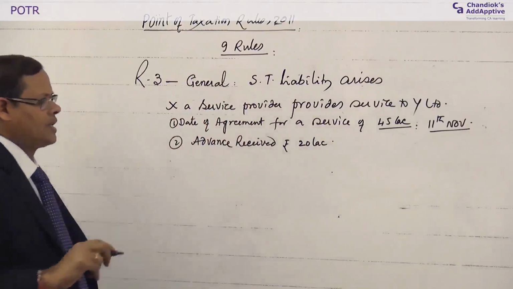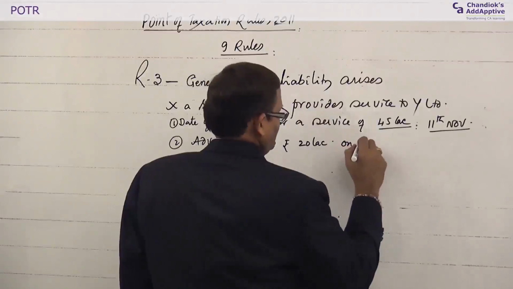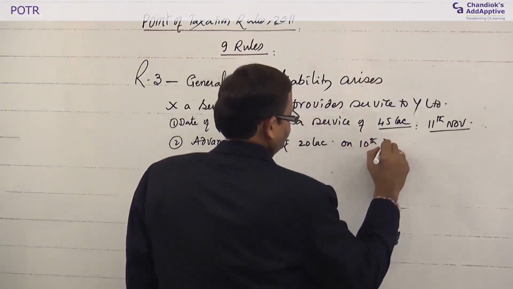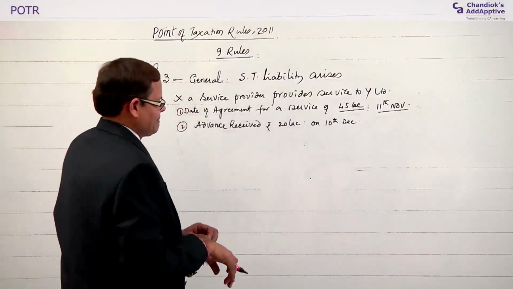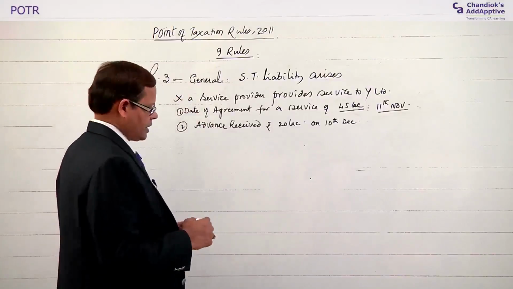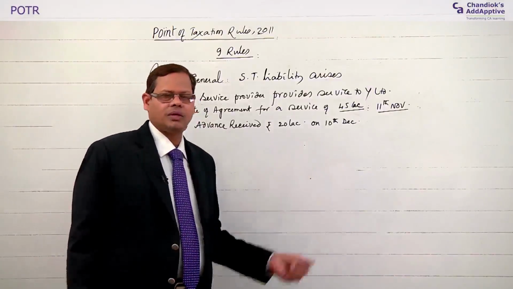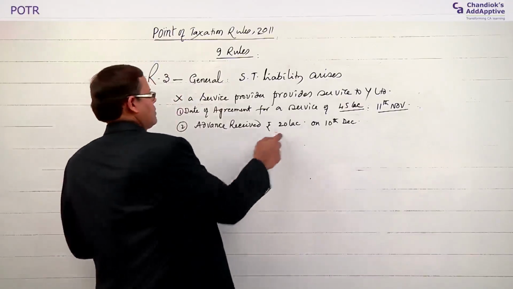So 20 lakh rupees has been received as advance on 10th December. Okay. So on 11th there was an agreement, and on 10th December, in one month, you received an advance of 20 lakhs.